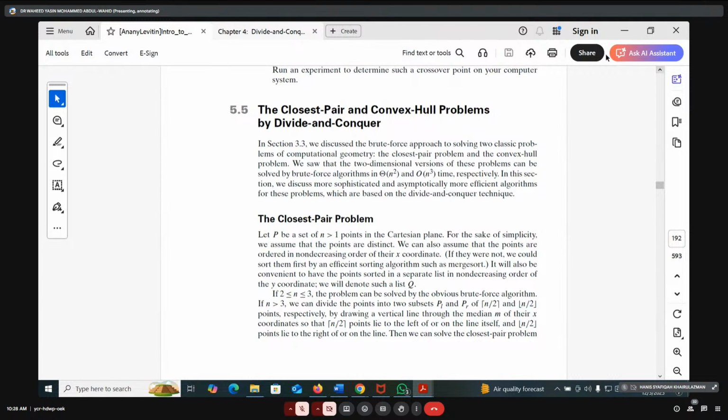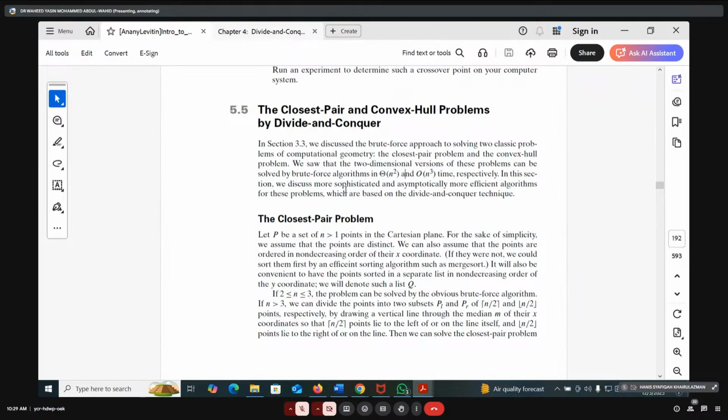So here we have discussed the brute force approach to solving two classic problems of computational geometry, the closest pair problem and the convex hull problem. We showed that the two-dimensional versions of these problems can be solved by brute force algorithms, taking theta of n squared and theta of n cubed time respectively.